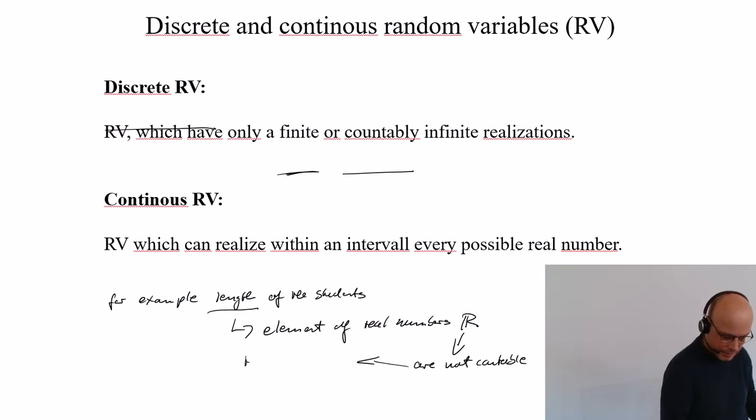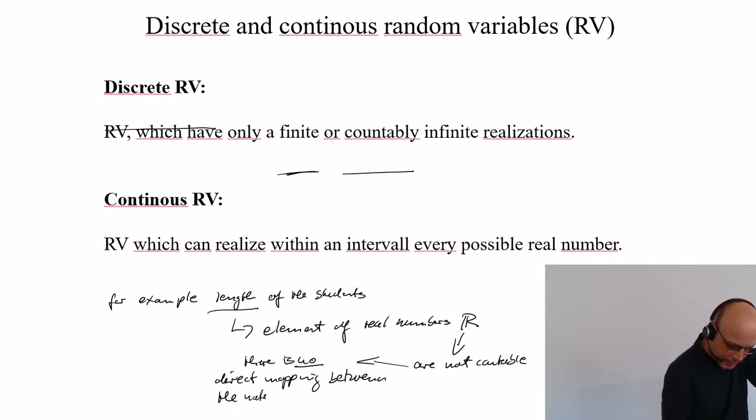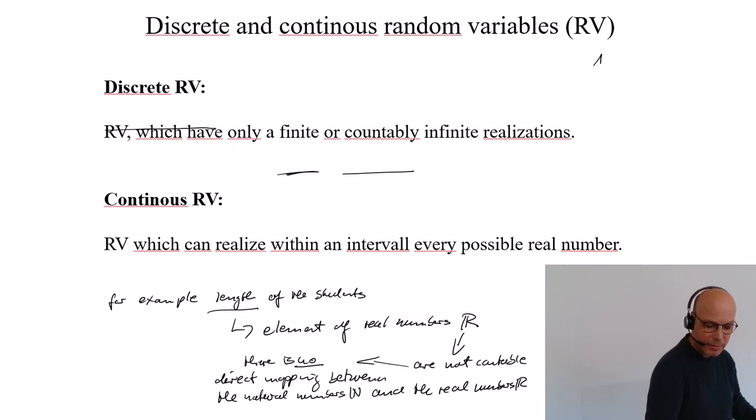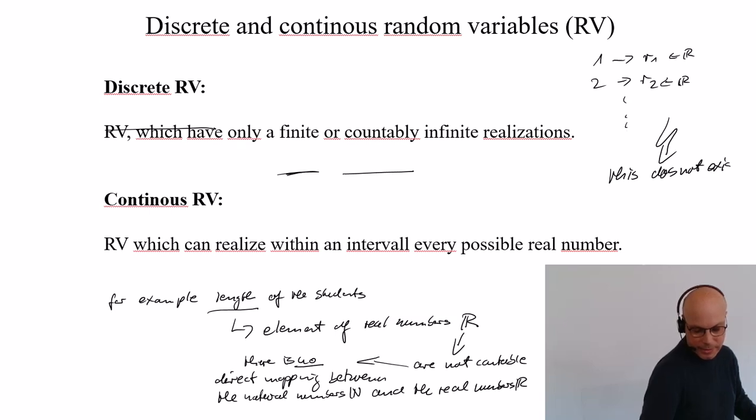So this means there is no direct mapping between the natural numbers N and the real numbers R. So you do not find a mapping that 1 coincides with the first real number, element R, 2 with some second number, element R, and so on. This does not exist.